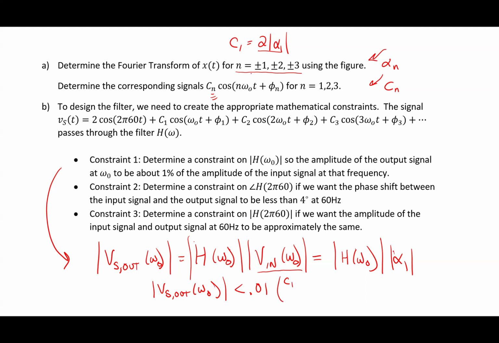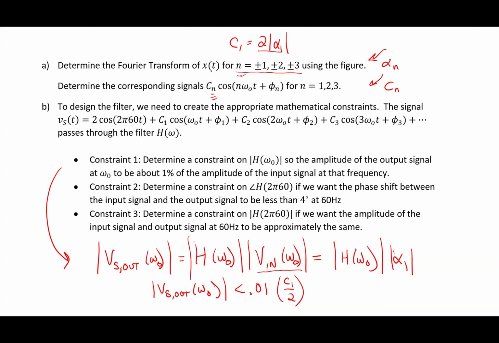So whatever the C1 value is that you found, whatever that is over 2, right? Essentially, I want to make sure that Vs out of omega naught is less than that particular value. So that will be a number you can determine. So you'll have what the value of C1 is, and so you'll create that constraint.